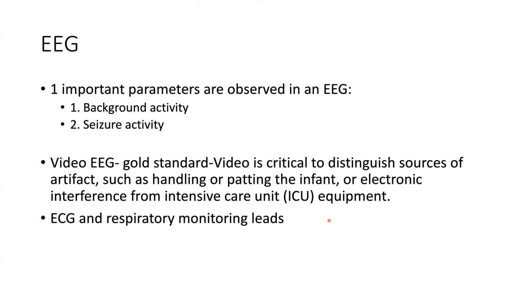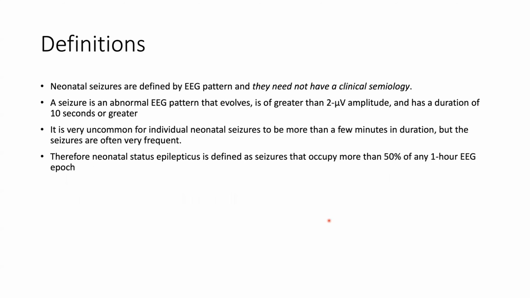And you have a lot of non-epileptic movements in the newborn which are benign, and they need to be differentiated from a seizure. So when you have a video, the information is invaluable. Along with a video, additional leads incorporating the child's respiratory movements as well as electrocardiogram are important, because with that you can have a lot of information in telling whether this is really a seizure or not. So you define neonatal seizures on an EEG basis.